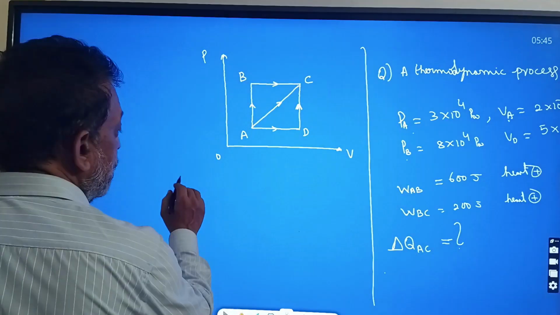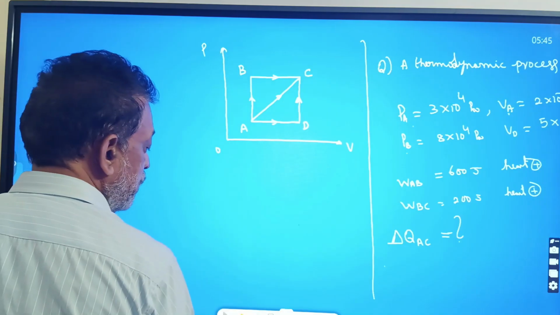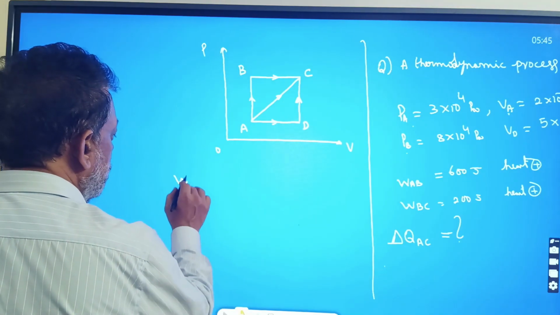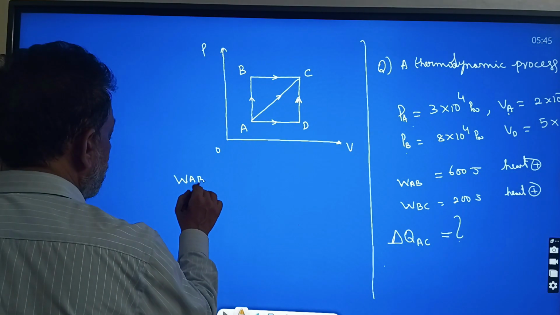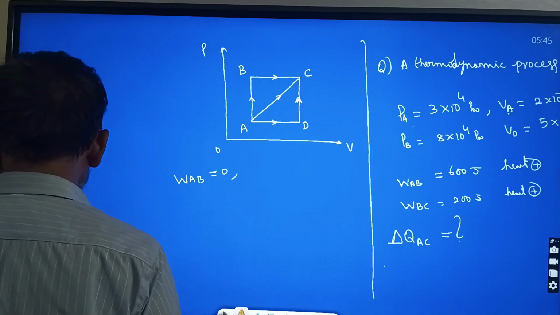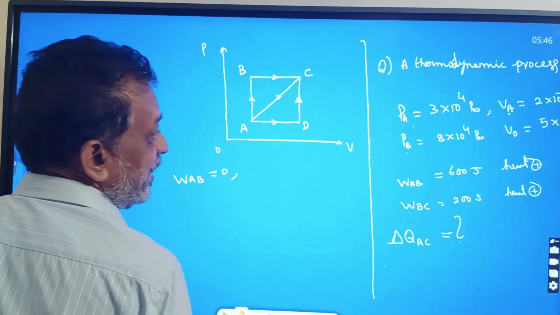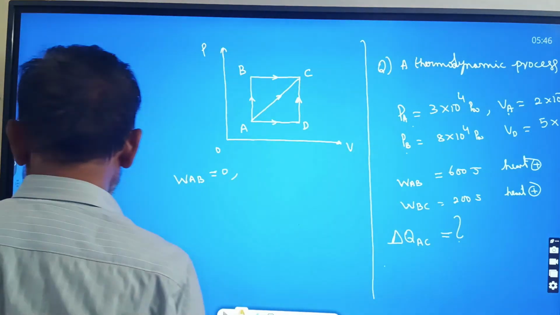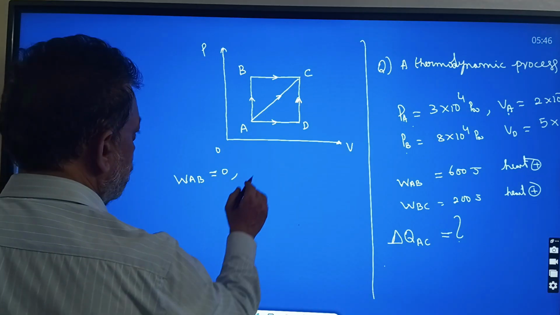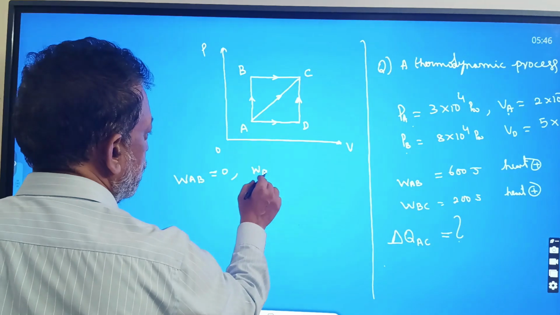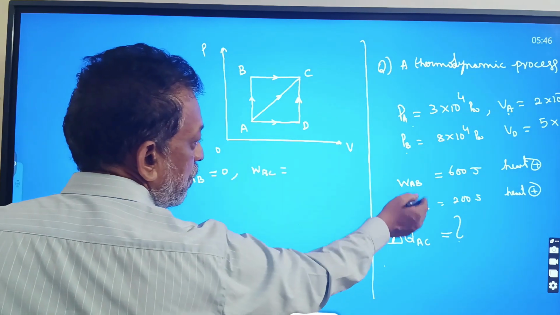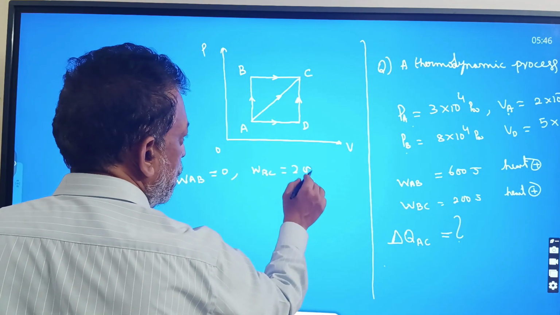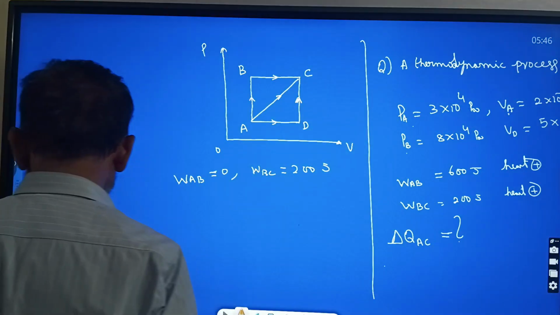But what does the work mean here? Since volume is constant, WAB is equal to 0. But WBC is given, how much? 200 joule.